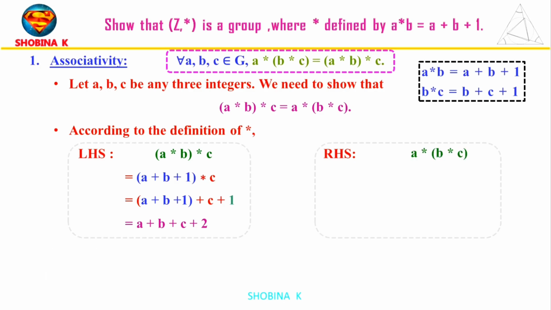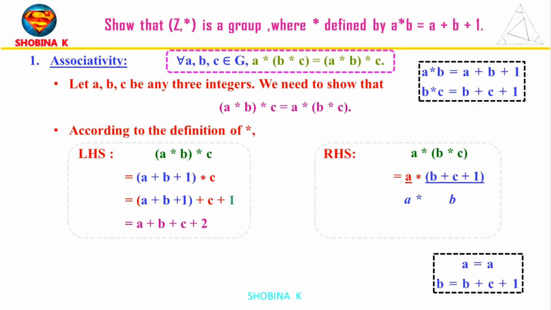Now let's prove it for the right hand side. Start with the expression b * c, which is defined as b + c + 1. Now the operation a * (b + c + 1): here a is a and b is b + c + 1. We write it using a * b = a + b + 1, which is given in our sum.